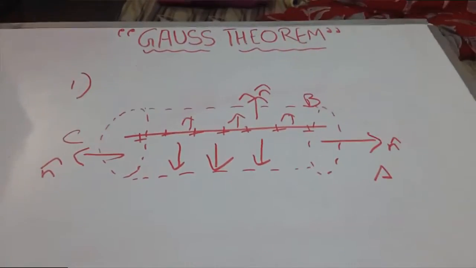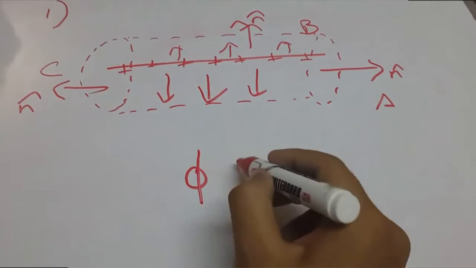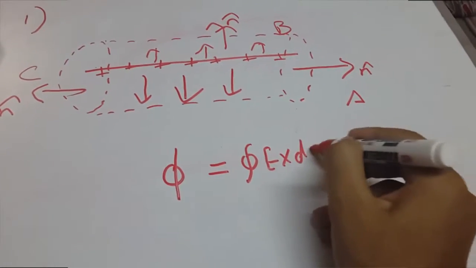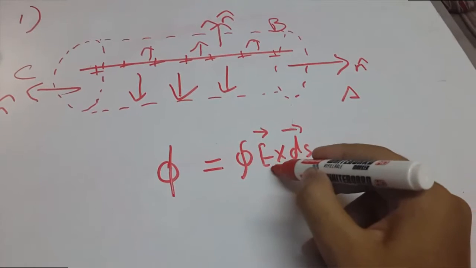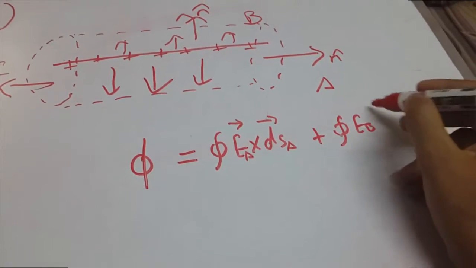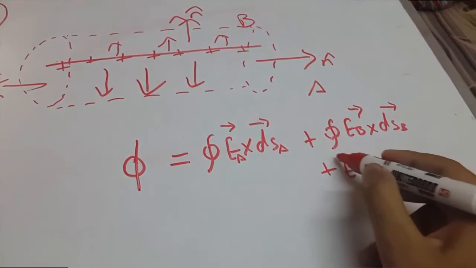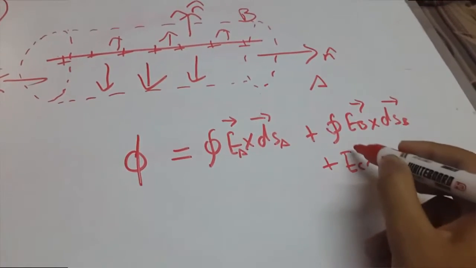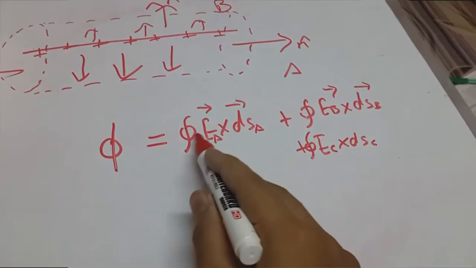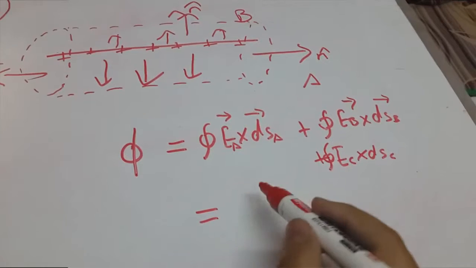So the total electric flux due to these surfaces would be equal to the integration of E dS1 for the A surface, plus electric field B into surface area of B, plus electric field C into surface area of C. By removing the multiplication sign and integrating over the surface, we get E dS cos theta.